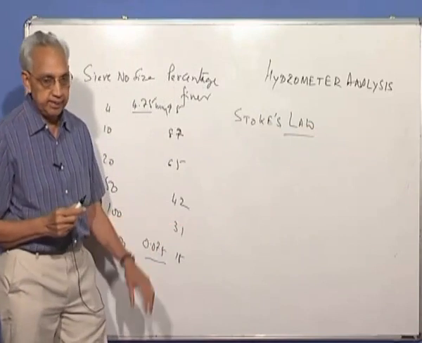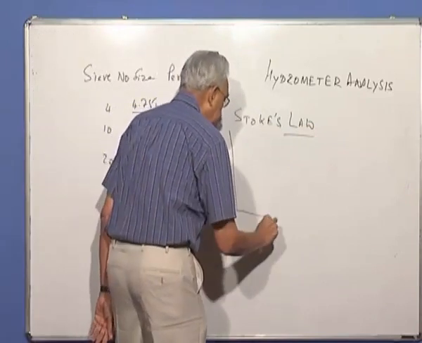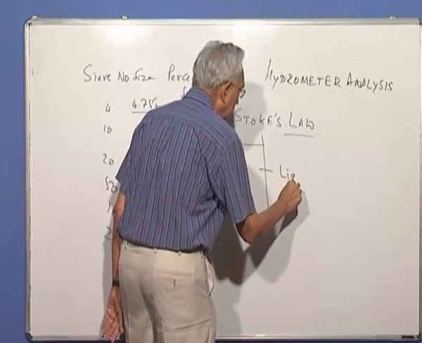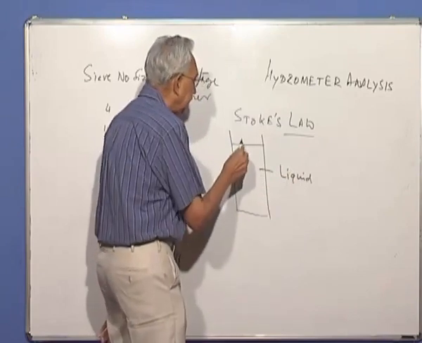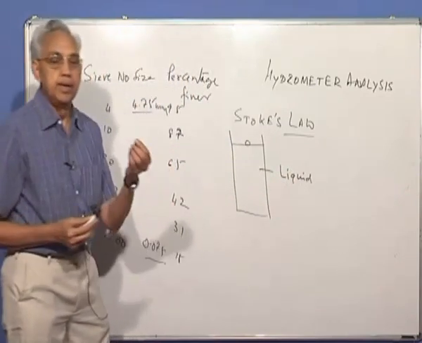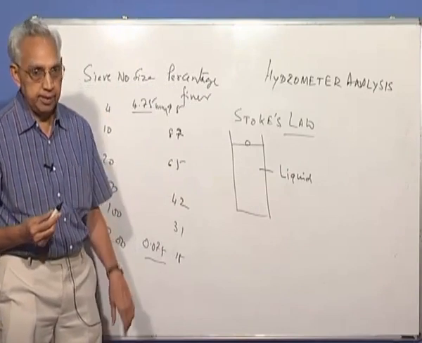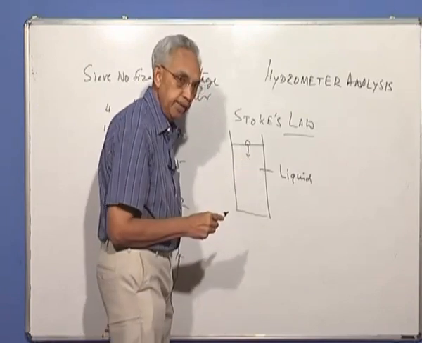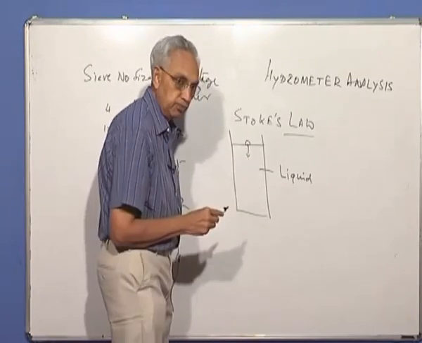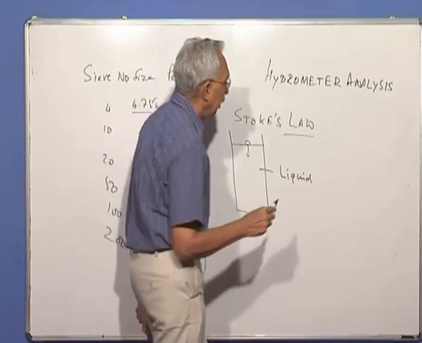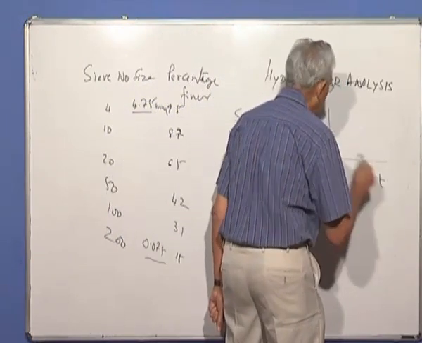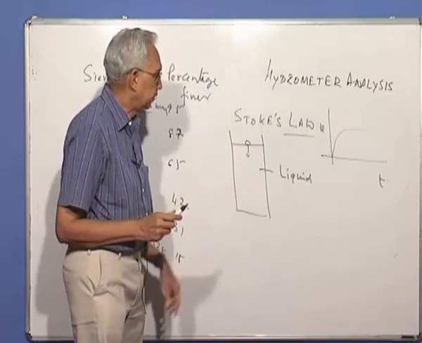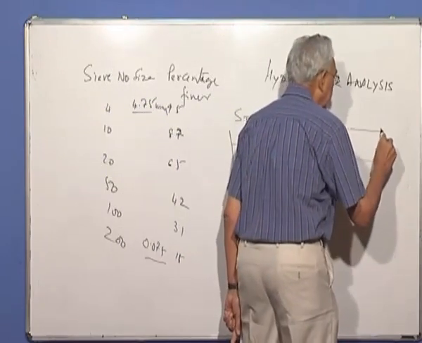What Stokes, a physicist, studied a long time back was, if I take a jar of water or any liquid, let us say you put in a particle or any material, a ball or whatever it is. If I put it here, it starts falling into the liquid. The velocity with which it falls, initially the velocity is 0, and if I now plot velocity with respect to time, it immediately picks up speed, but there is what is called a terminal velocity.